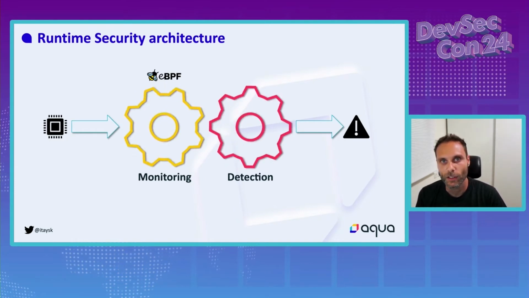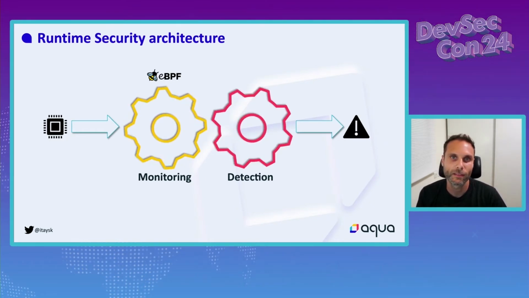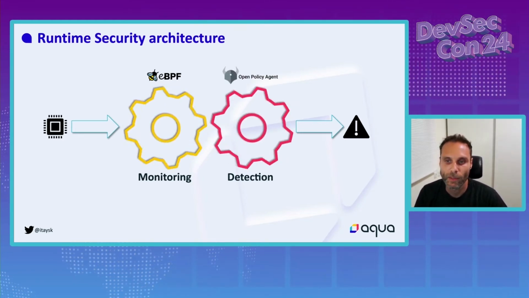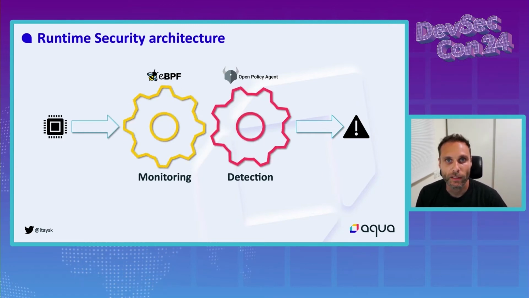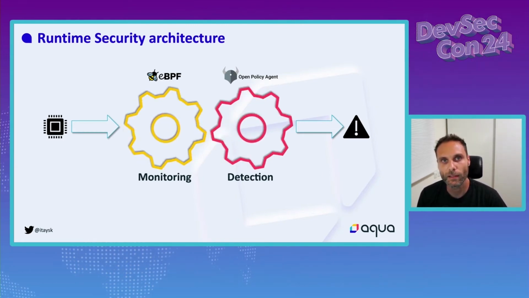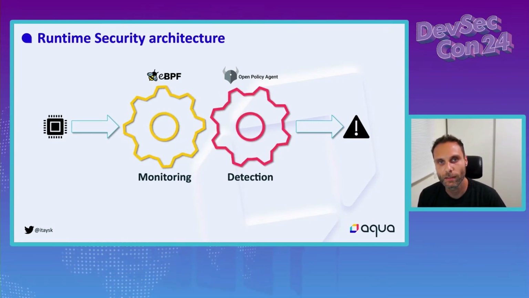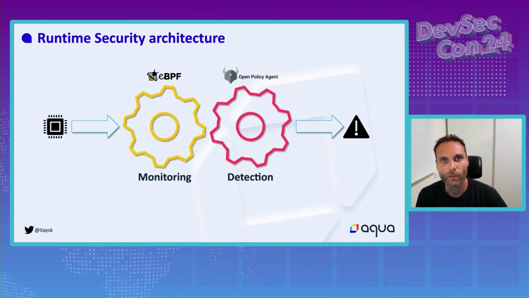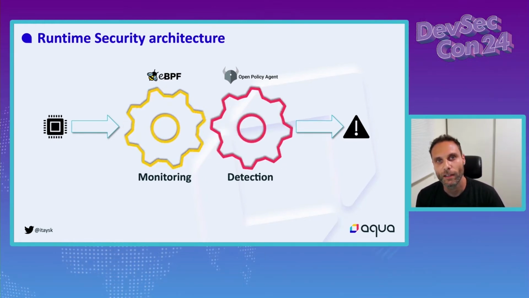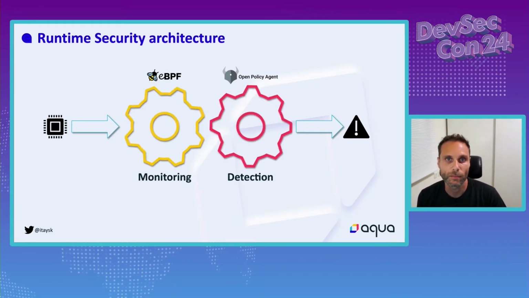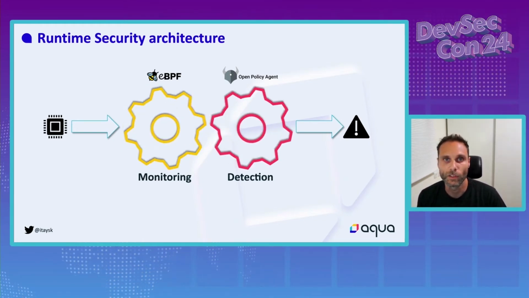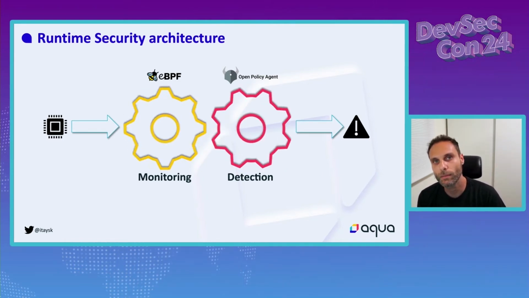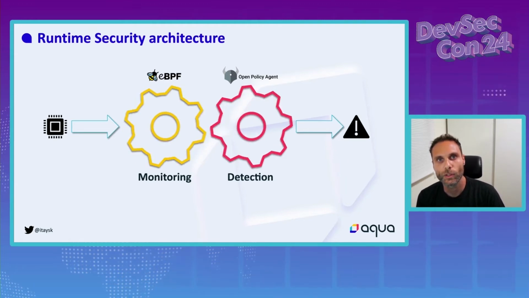And the other technology that is helping us build Tracee is the Open Policy Agent, or for short, OPA. OPA is a graduated CNCF project that deals with policies and policy enforcement. It was meant for scenarios like authentication and authorization, so you can define the policies that you want to enforce, and OPA gives you the language, first of all, to describe those policies, and then the tool to enforce them.